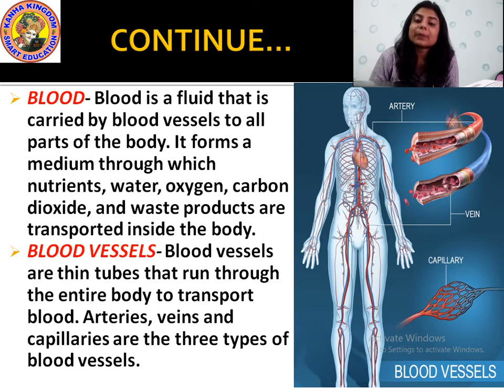Then this blood is a medium through which the different substances are transported in our body, and this blood flows through the blood vessels, which are thin tubes that run throughout the entire body from head to toe. And the three different types of blood vessels are arteries, veins and blood capillaries. Okay?